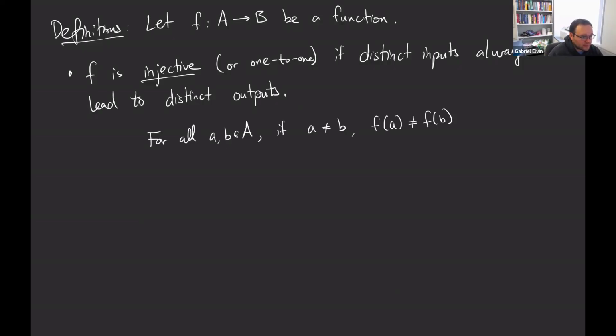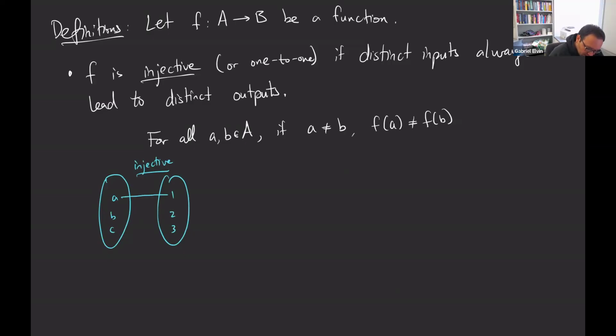So an example of injective would be, as a diagram, I should say. I'll do this for each definition because I think illustrating it is the most helpful. So injective means any two of A, B, and C that are distinct will go to distinct outputs.